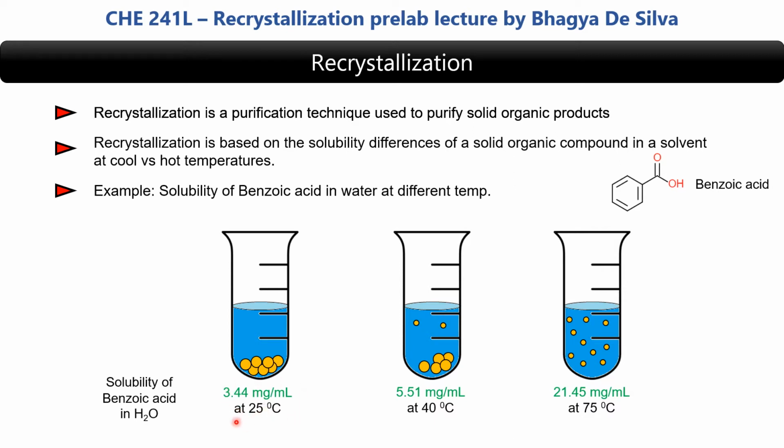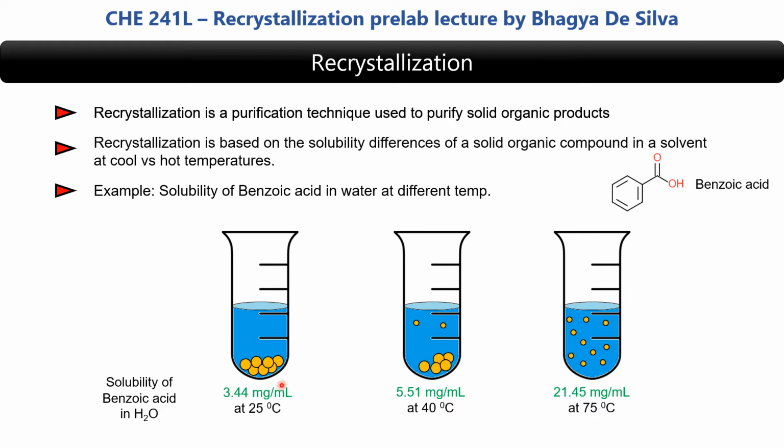Over here we see at 25 degrees, or at room temperature, benzoic acid has a very low solubility in water, just 3.44 milligrams per milliliter. But when we warm this solution to 40 degrees Celsius, the solubility increases somewhat. If we continue to warm the solution to 75 degrees Celsius, now the solubility has increased by a lot.